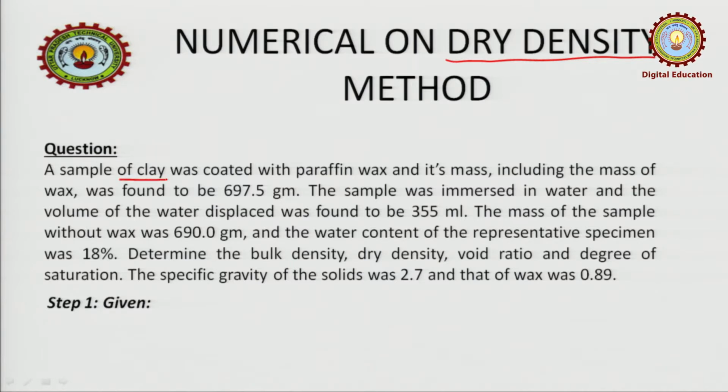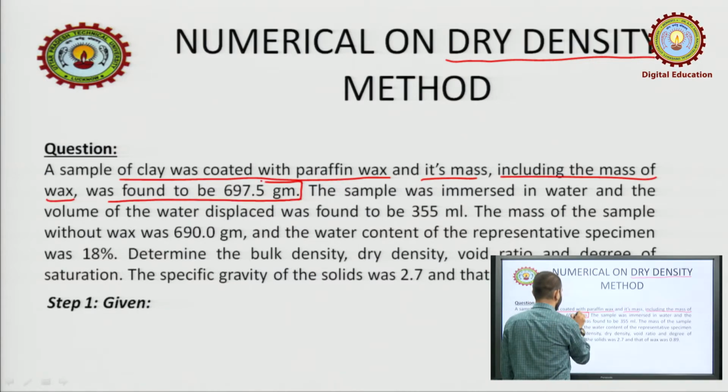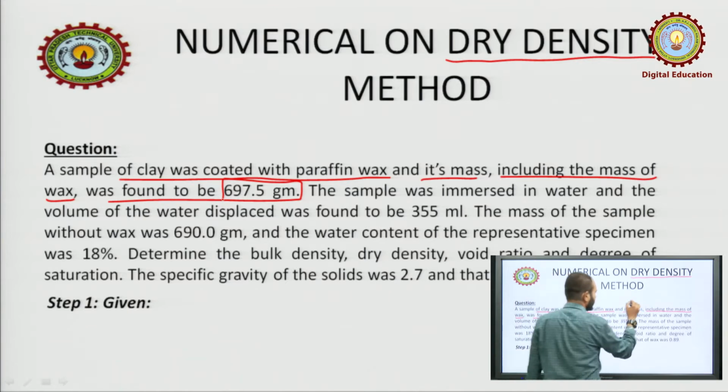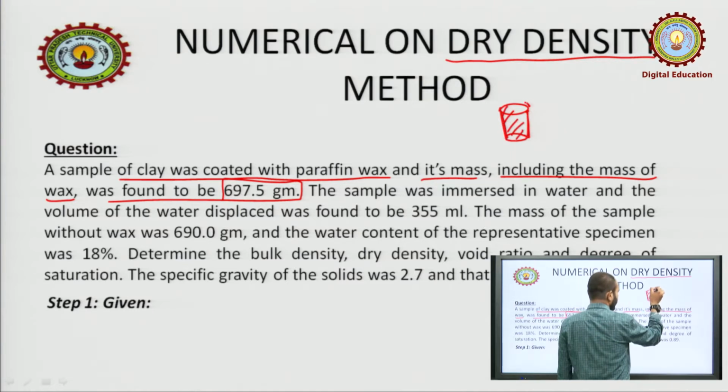A sample of clay was coated with paraffin wax and its mass, including the mass of wax, was found to be 697.5 grams. What does this mean? First of all, you have a sample of soil, something like this, coated with a layer of paraffin wax. Okay, you know what is wax.